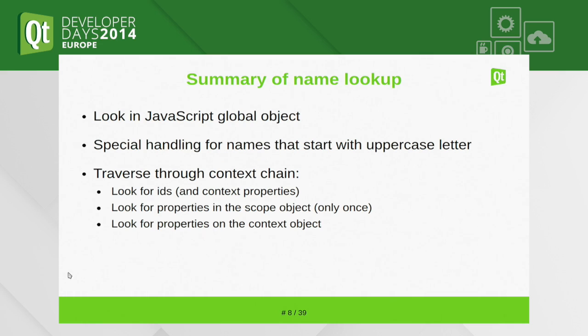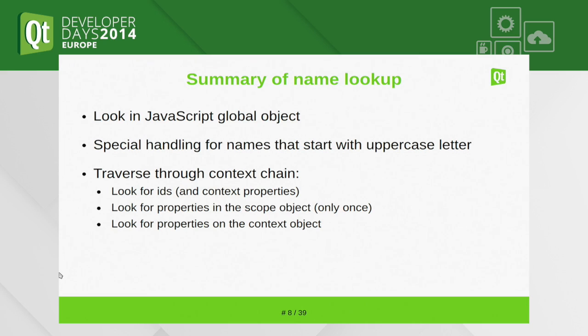So a brief recap, or actually a complete summary of how names are resolved in QML. I didn't mention that earlier, but the first thing that actually happens is that we look, is the name that we're trying to resolve a member of the JavaScript global object. This is when you use Math, for example, Math.sin or something like that. And there is also a special handling for names that start with an uppercase letter.